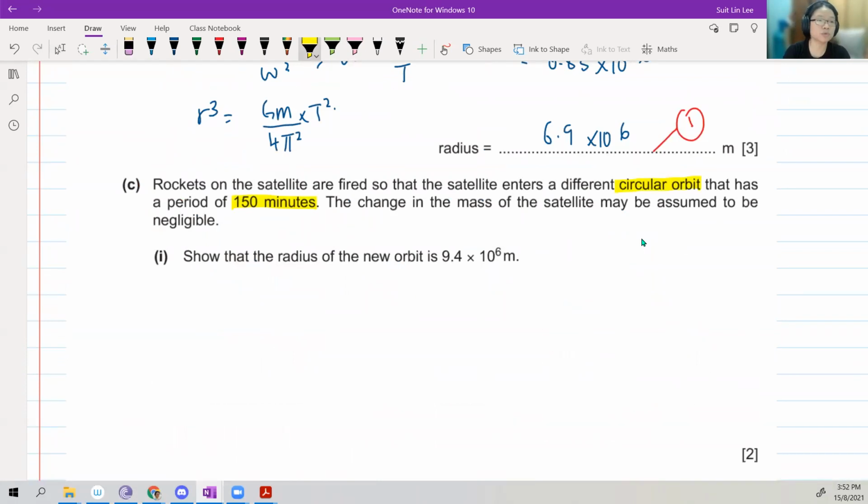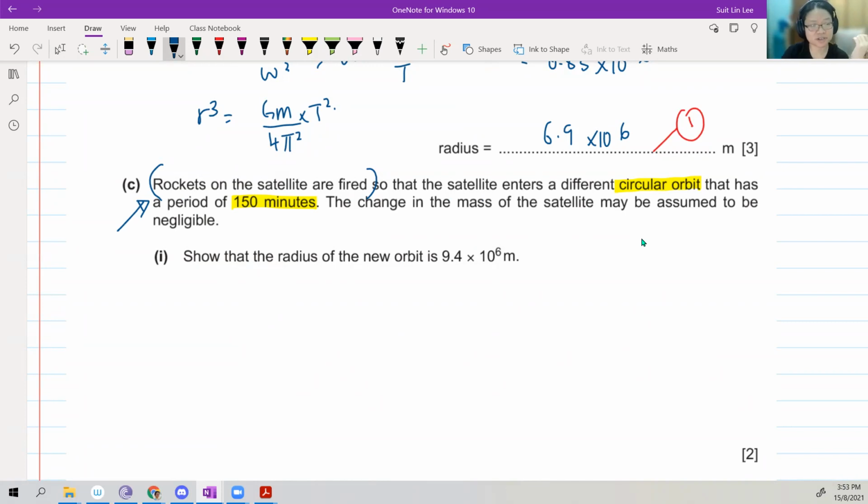So when this rocket is fired, what is going on is that there is a change in momentum. It's a bit like the rocket question that you get in your paper 2. The rocket releases gas and then pushes it forward.